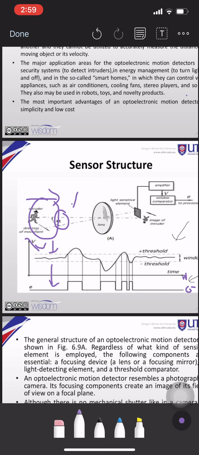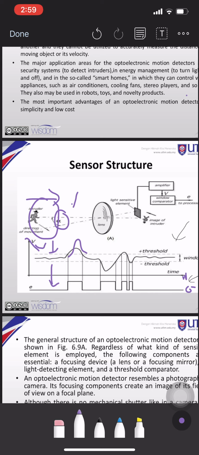The signal on the sensor then shows peaks above the positive threshold. These are converted into the output signal of 1, which means there is motion, or people have entered the room, and the signal needs to be turned on.